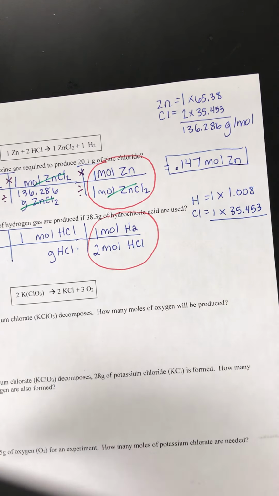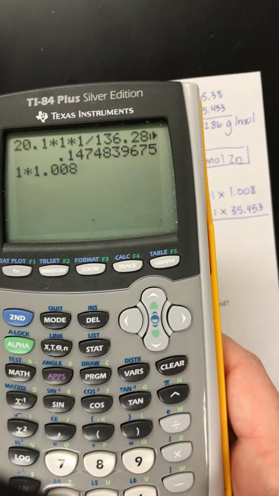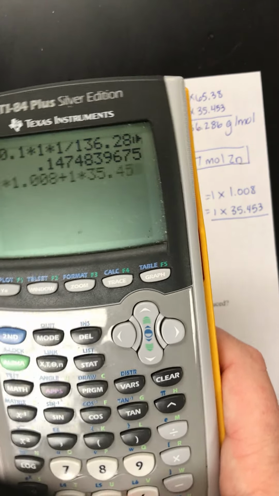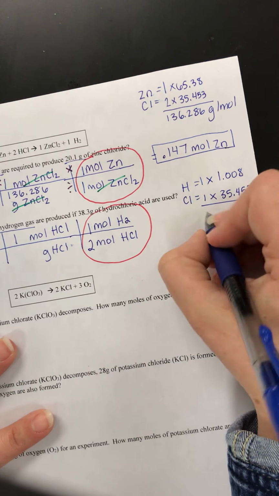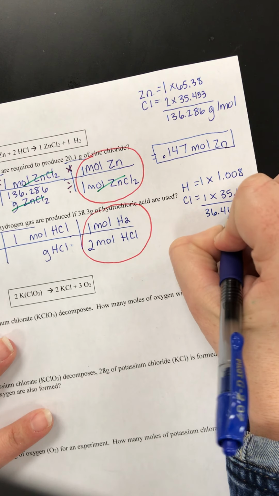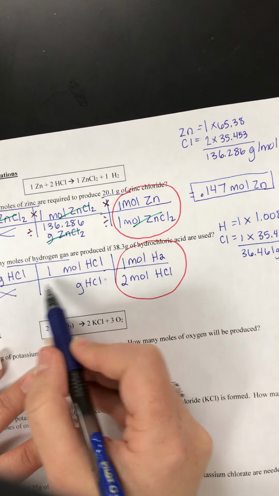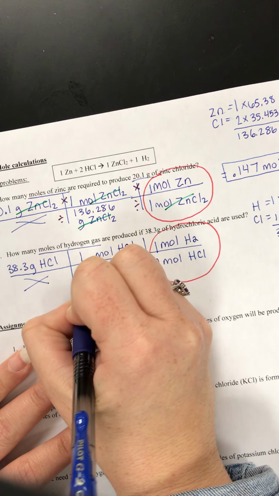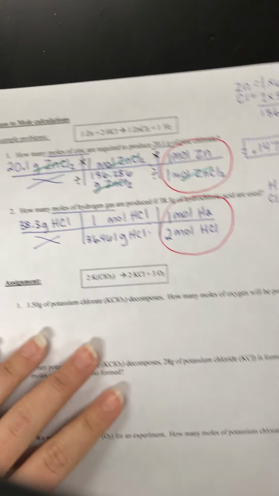Okay, so we're going to multiply and add those together. 1 times 1.008 plus 1 times 35.453. So 36.461. All right, so that number goes in the box with the G, with the grams.